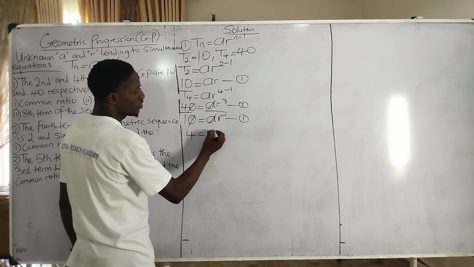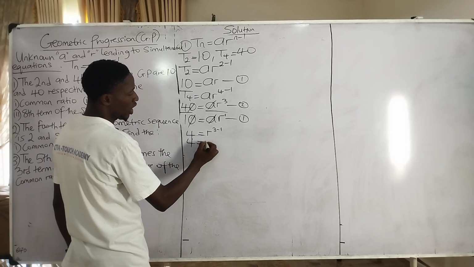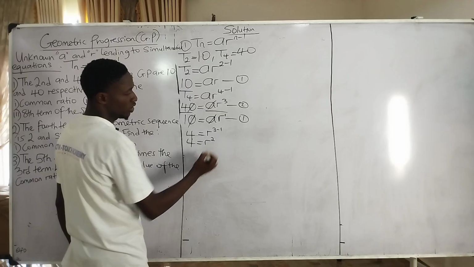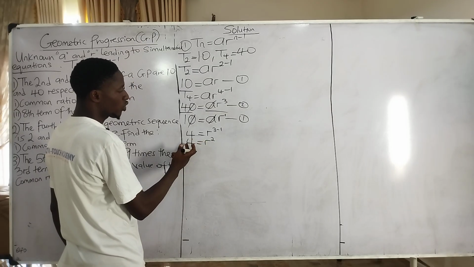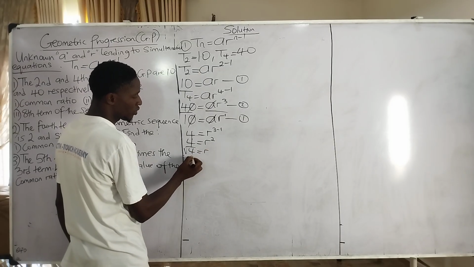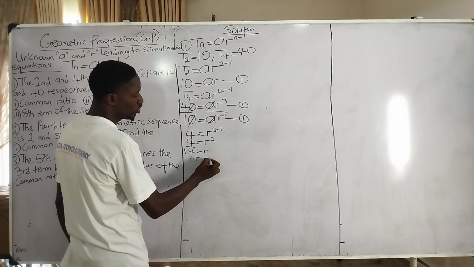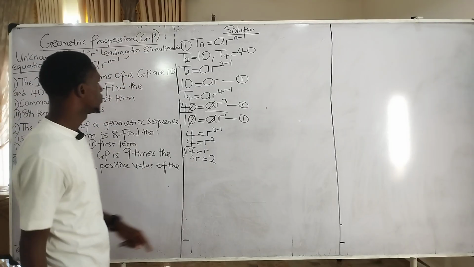So we have R raised to the power of 3 minus 1. 4 is equal to R raised to the power of 3 minus 1 is 2. Then how do you get the common ratio? When square comes here, it is square root. So square root of 4 is equal to R. Therefore, our common ratio is 2, because square root of 4 is 2.